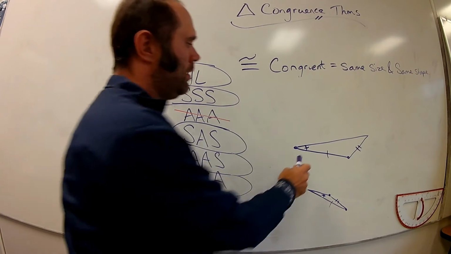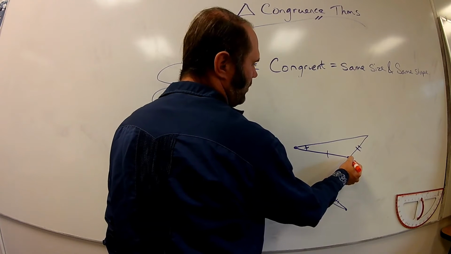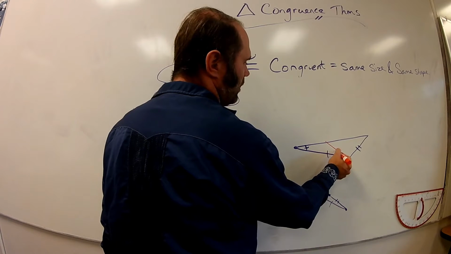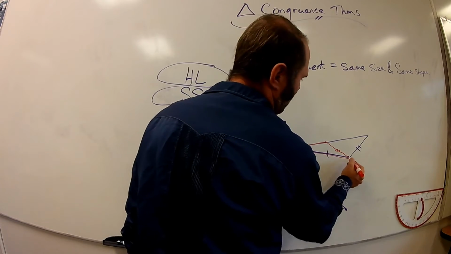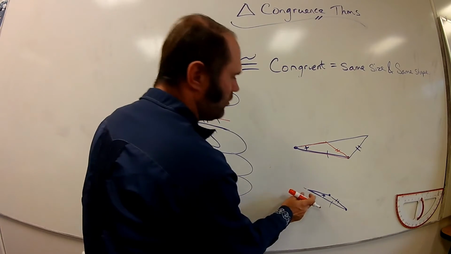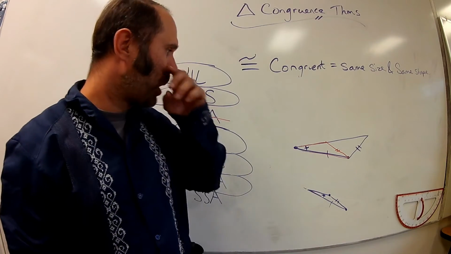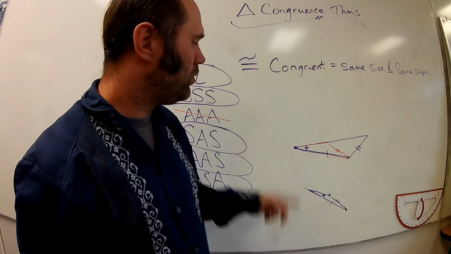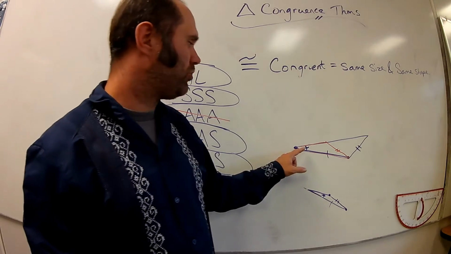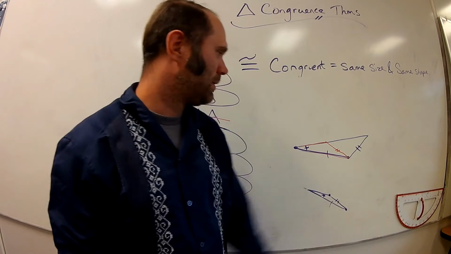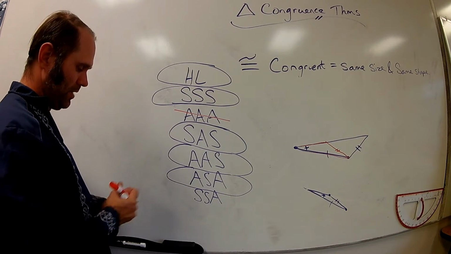So we've got angle, side, side, but we've got another triangle that meets this requirement, and that's over here. This side length and this side length are the same, so we've got a second triangle that meets it. So this triangle and the big purple triangle are the two triangles. So I just squish that down over here. So you can see you've got two triangles that are not congruent, yet both share an angle, a side, and a side length. So this is why angle, side, side does not work.